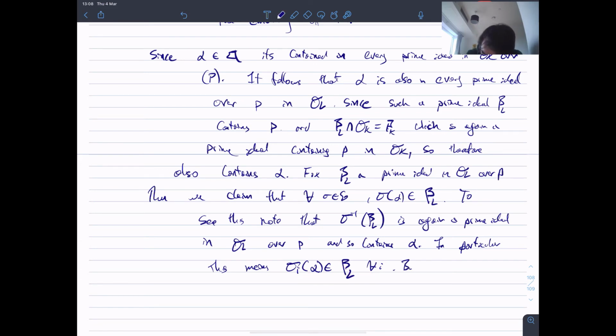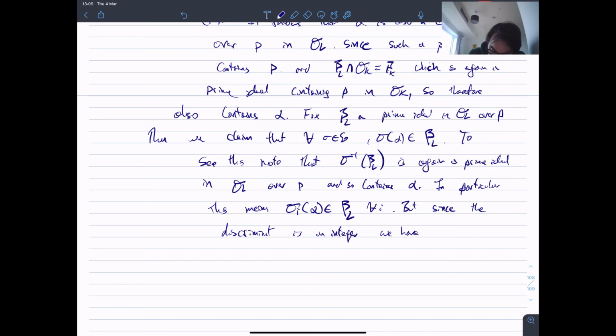But now I'm going to go back and use the fact that the discriminant is an integer. If you think of how you compute the discriminant using the embeddings, you'll see the following.